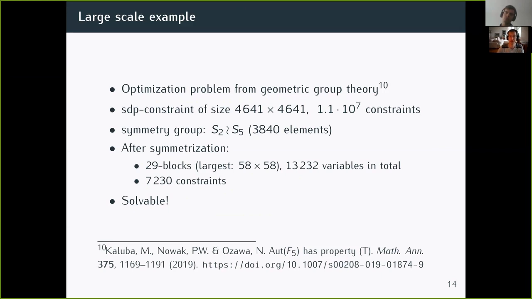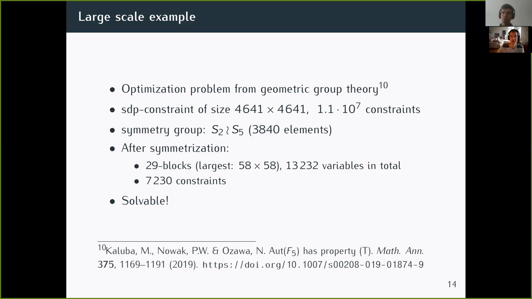And then we realized that this problem is symmetric under the group S2 wreath product S5, which is a group of 3,800 elements. And after this procedure that we described, block diagonalization, we arrived at an equivalent problem that has 29 semi-definite blocks. The largest one is 58 by 58, and only 13,000 variables in total. Moreover, the number of constraints was reduced to slightly more than 7,000.